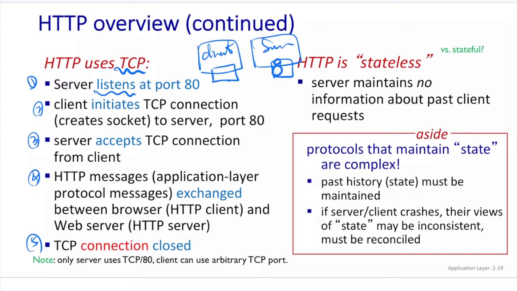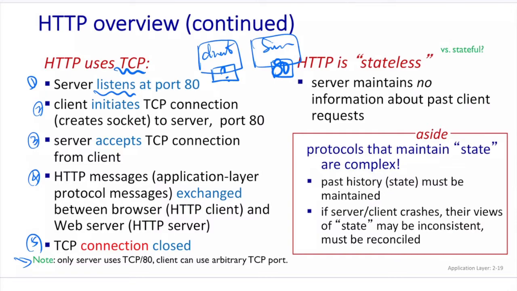The server should use port number 80 because HTTP uses this well-known port number. So usually the server will register port number 80 from its operating system. Okay, but the client can use any arbitrary TCP port number, any arbitrary one.